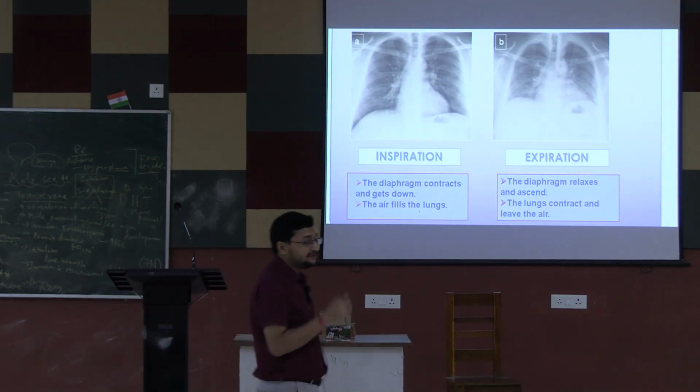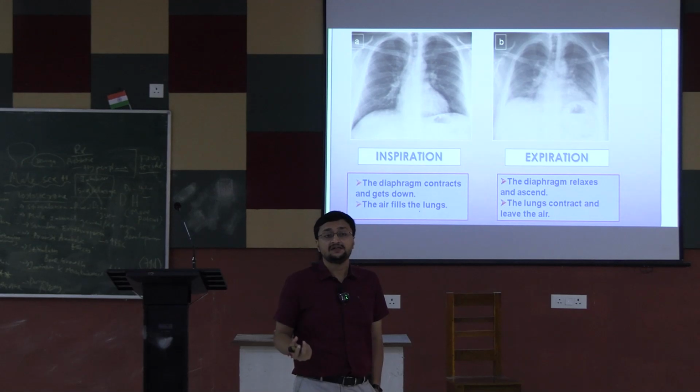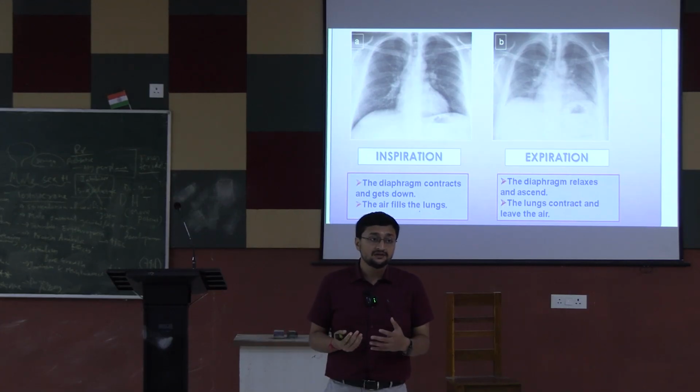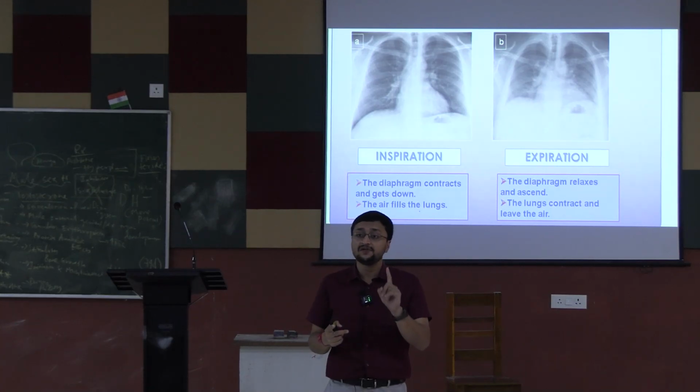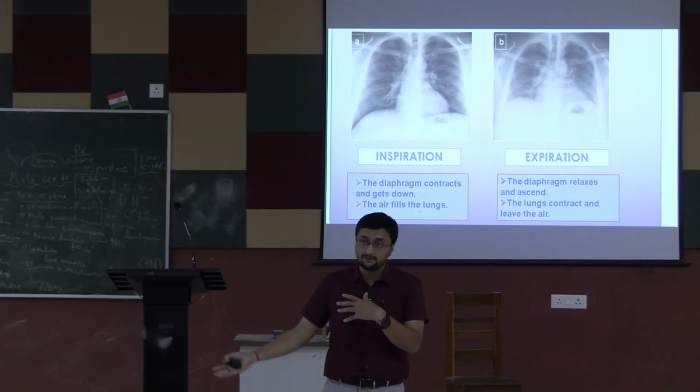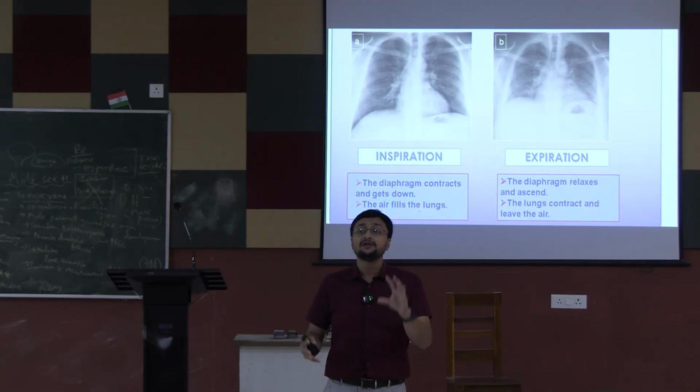So now, whether the film is taken during full inspiration or full expiration. In full inspiration, lung volume will be normal or increased, right? So first point, lung volume is normal or increased. Whereas in expiratory film, the lung volume will be reduced.